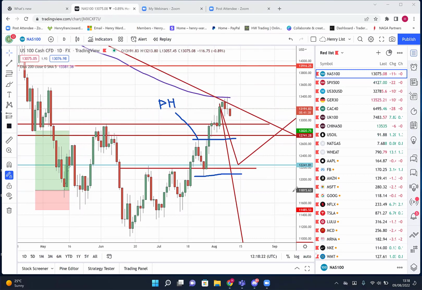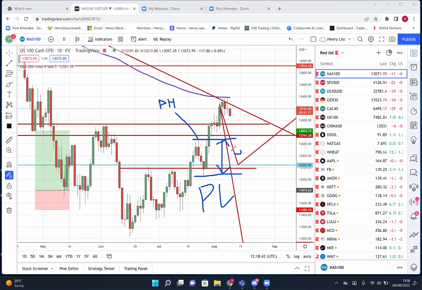So that's the previous high. That's the previous low. Now, anywhere in between that, for me, is a place where we could potentially be buying. This is a good place. This is where we should be looking in trade.